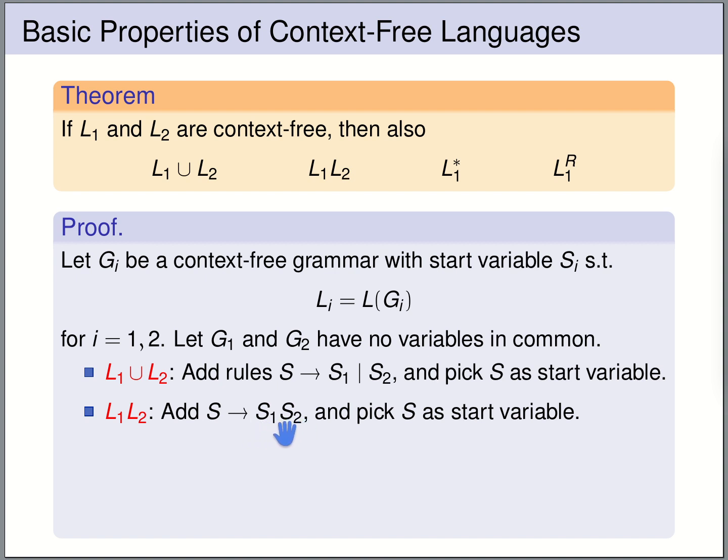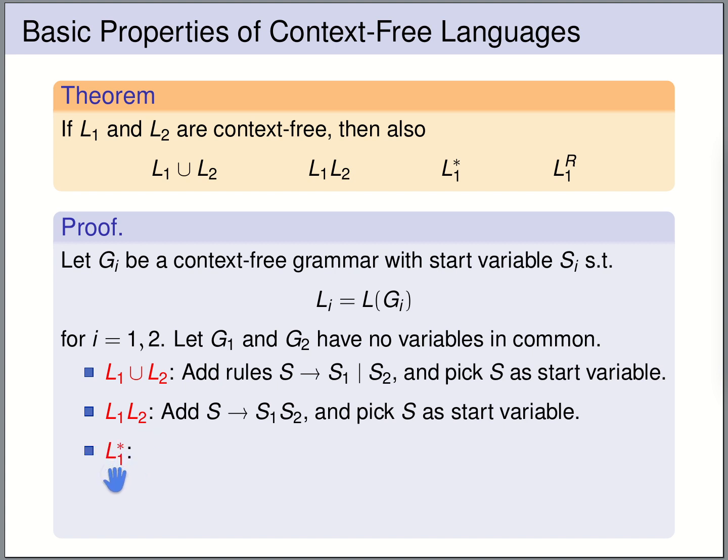This makes sure that S1 will generate a word from L1 and S2 will generate a word from L2. So from S we can generate all words of which the first part is from L1, the second part is from L2, so we generate all words in the concatenation L1 L2.